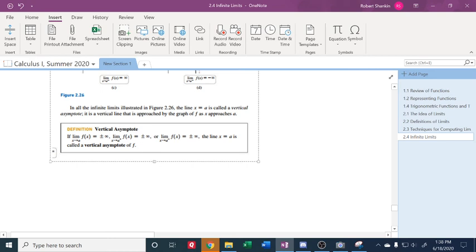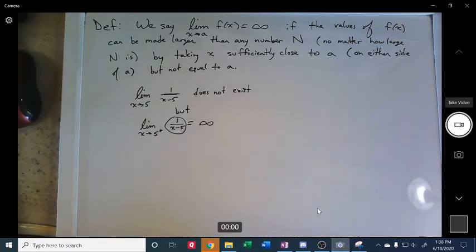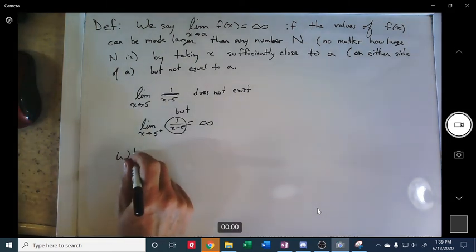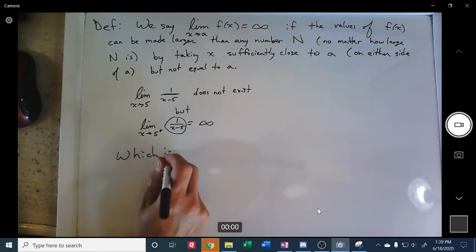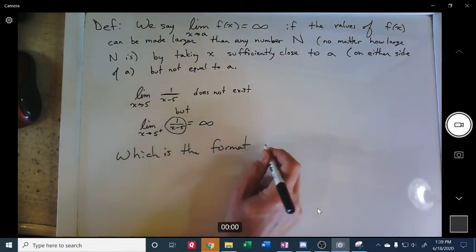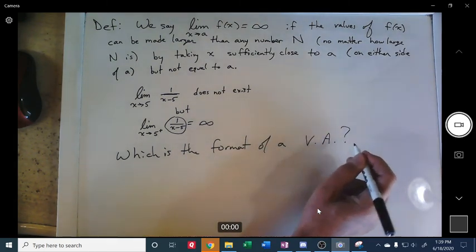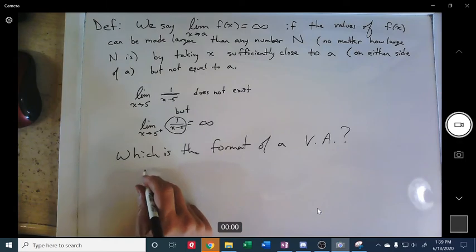All right, now I want to have you make a distinction over here. Which is the format of a vertical asymptote? There were two possible formats.